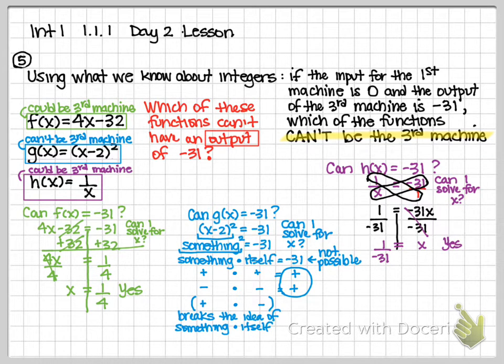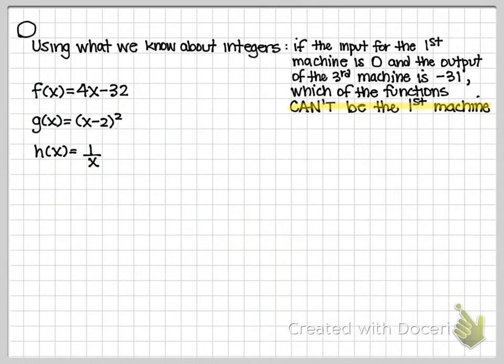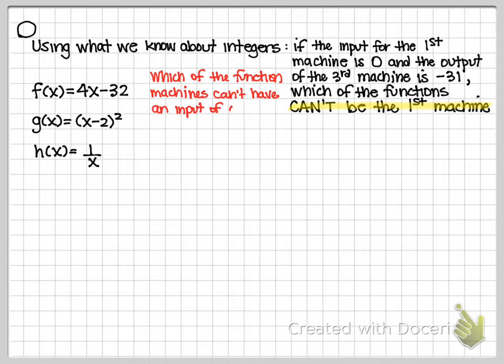So based off of what we know, we are able to eliminate G as the last function machine. So which of the function machines can't have an input of 0?